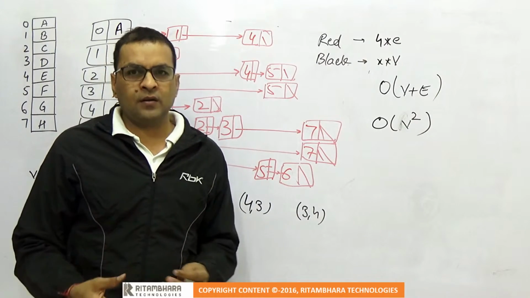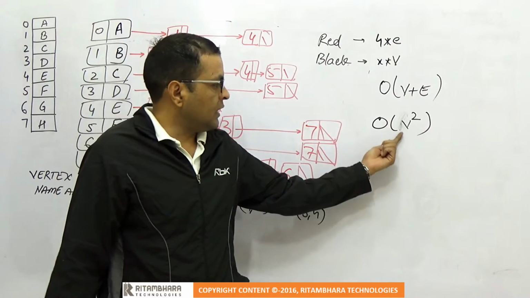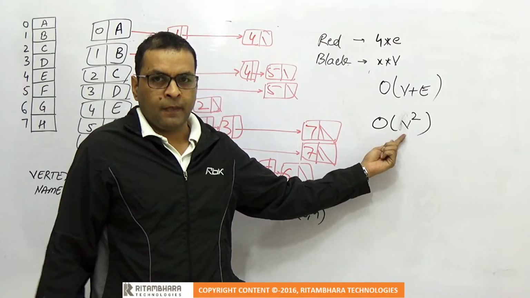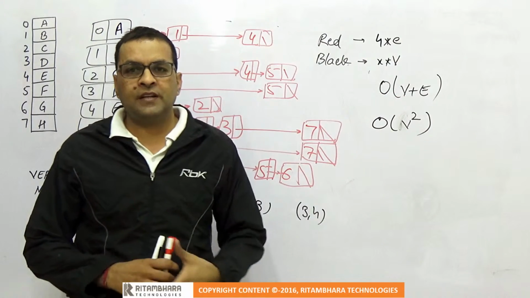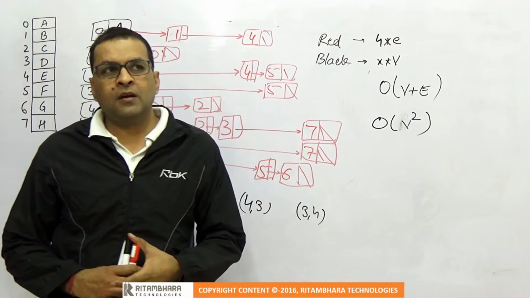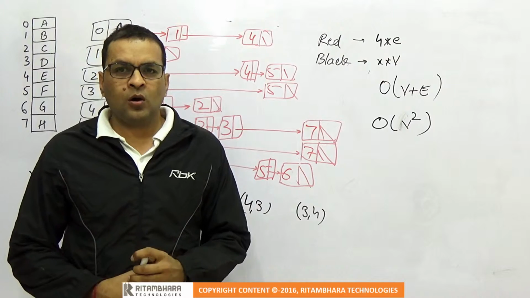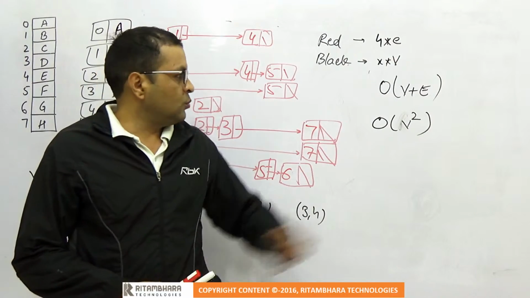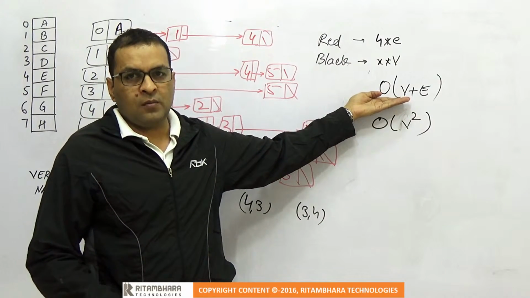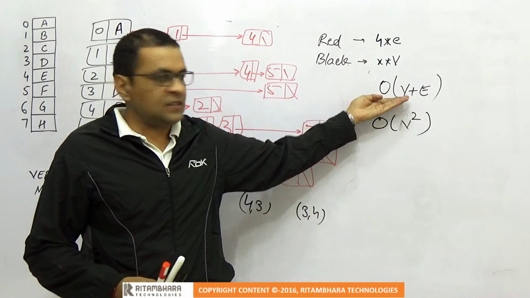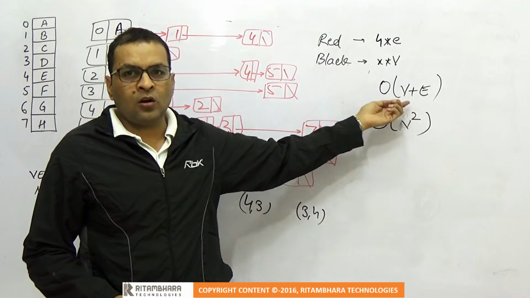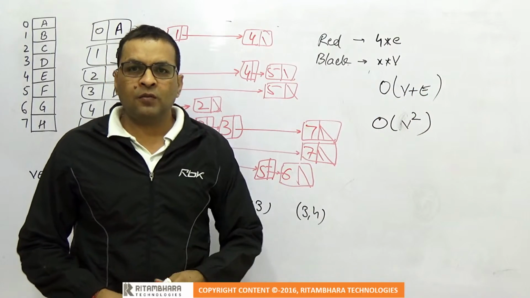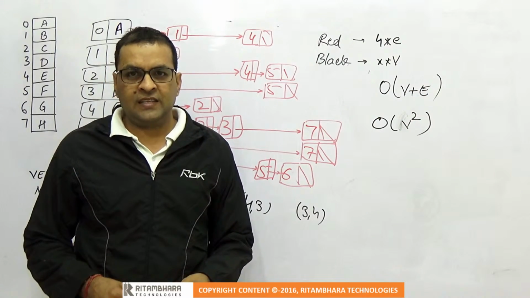Obviously we will have to look at it case by case, because here the matrix is independent of E, it does not depend on the number of edges, and in this case the memory consumption depends on the number of edges. So if our number of edges is close to on the order of V square, even this will consume on the order of V square memory, right? So if we have n vertices, then this is going to consume on the order of n square memory, and this is going to consume on the order of n plus on the order of E, where E is the total number of edges.